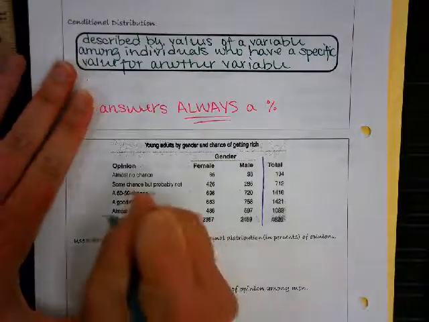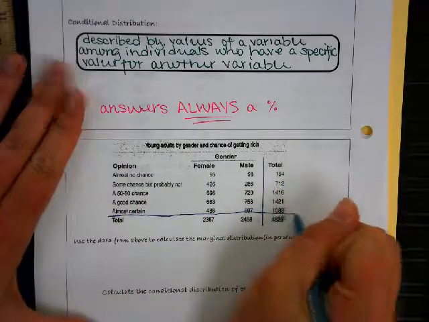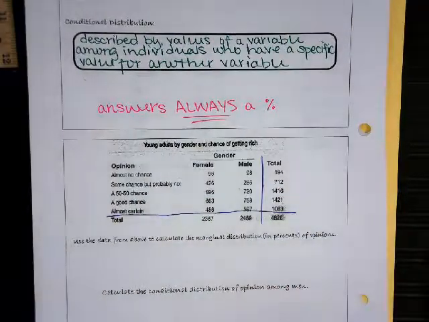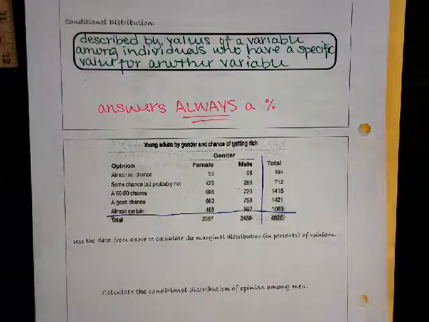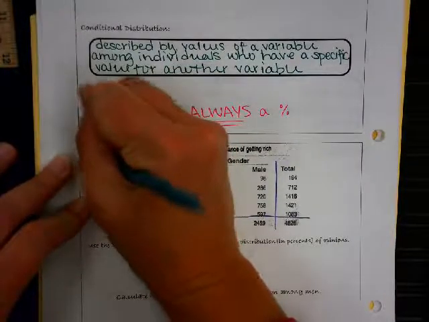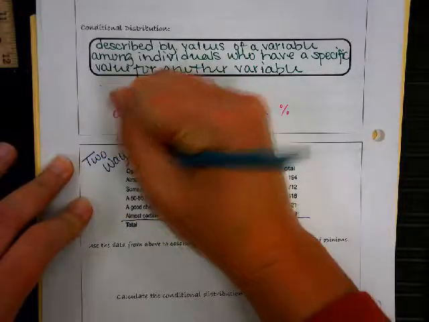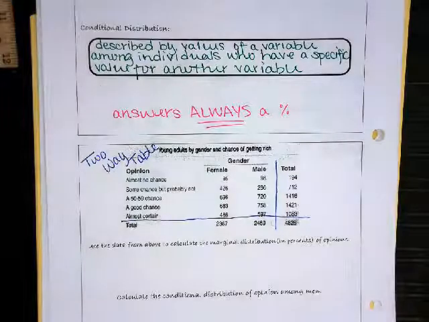We had our total row. And then down here is the grand total. So this is what is known as a two-way table. If in your homework it says using a two-way table, this is what it means.